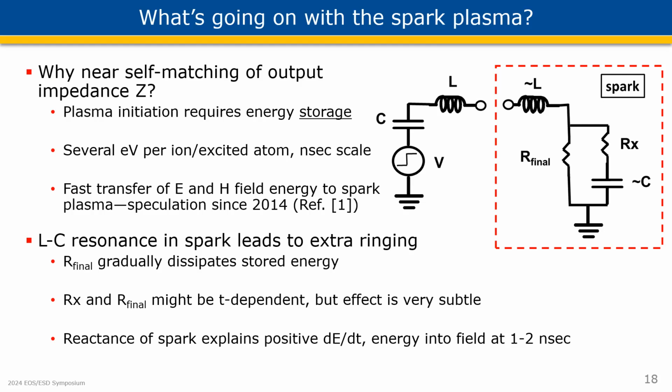Moreover, as we showed with the field collapse calculation, there's a fast transfer of electric and magnetic field energy to the spark. And I speculated about that back in 2014 in that paper, and continue to do so in the present 2024 paper.